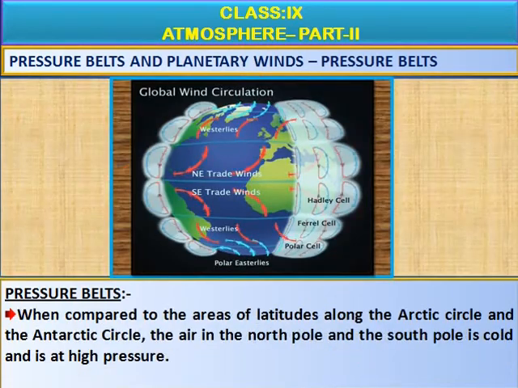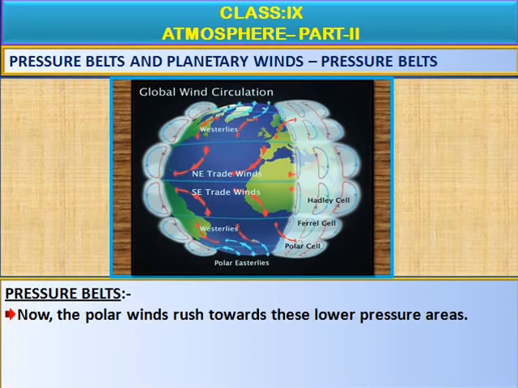When compared to the areas of latitudes along the Arctic Circle and Antarctic Circle, the air at the North Pole and the South Pole is cold and is at high pressure. Now the polar winds rush towards these lower pressure areas.